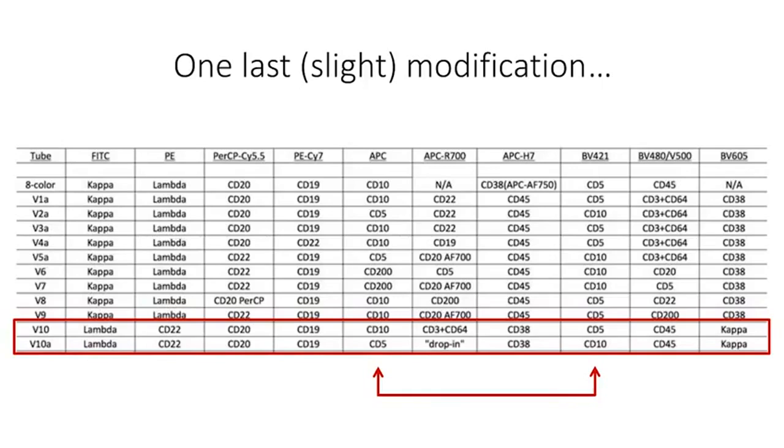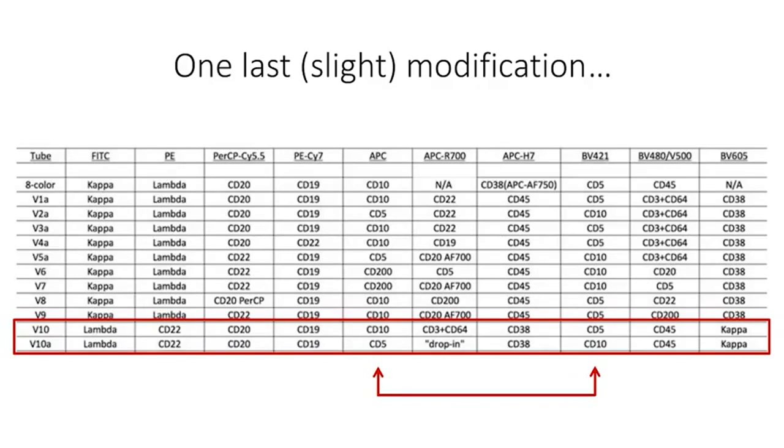Now, we did make one last tweak at the last moment, and that was a swap of CD5 and CD10. Now, APC and BV421 are both in the bright category. So in principle, this should be an even swap.